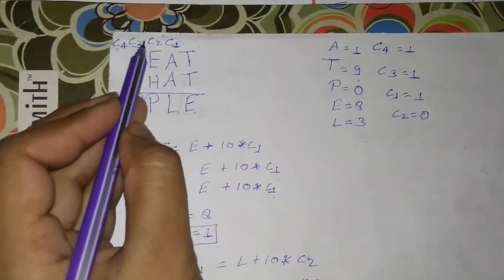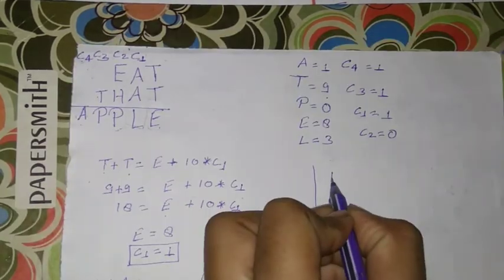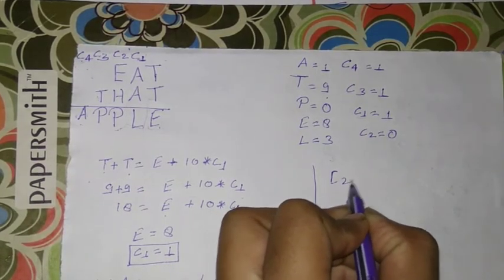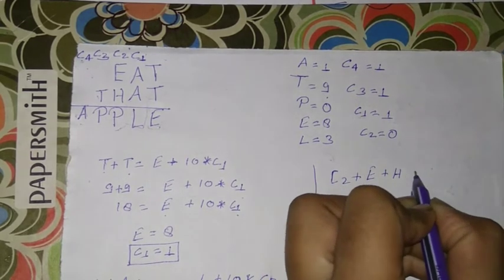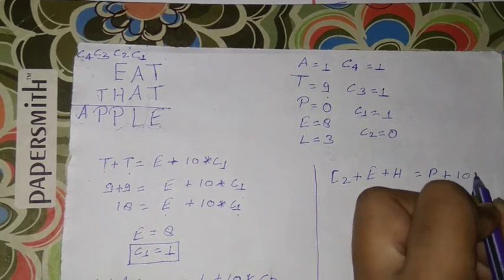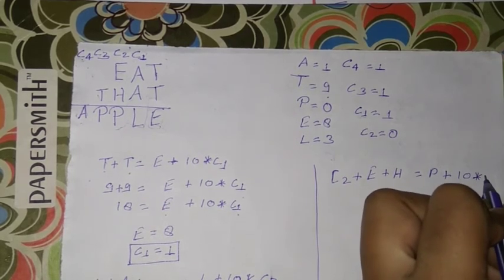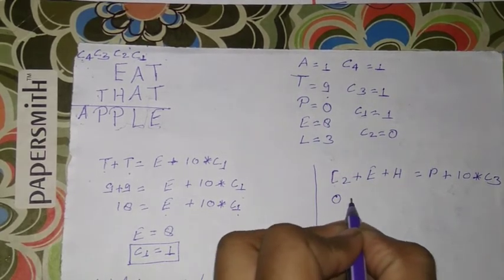Now we make the equation for this column, that is C2 plus E plus H equals P plus 10 into C3. The value of C2 is 0, so we put here 0.